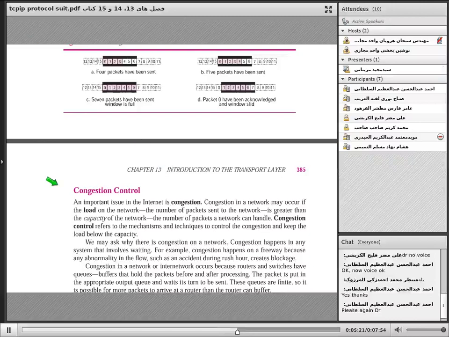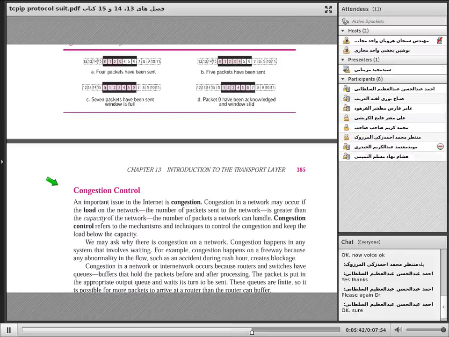So I ask you to review and to study from the beginning of this chapter up to the congestion control title for the next session.